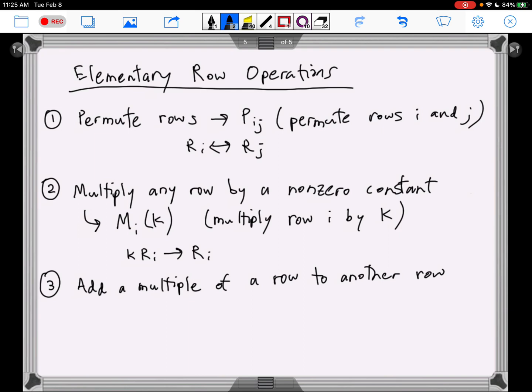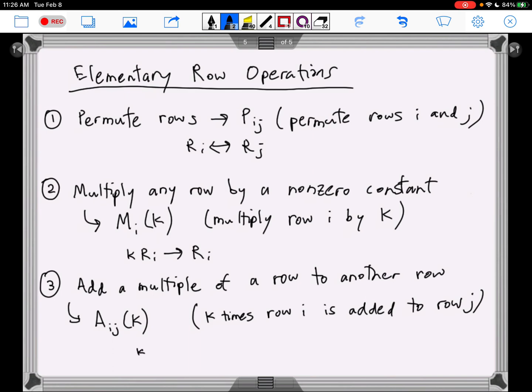The way we do that is with a capital A. So if you see capital A and then ij and then you have a k, the way you read this is you take k times row i and add it to row j.